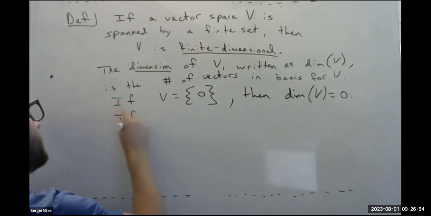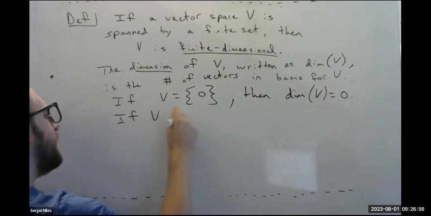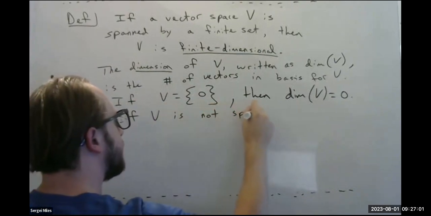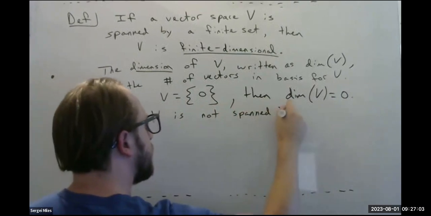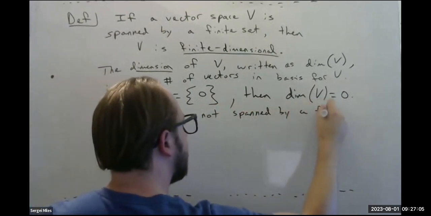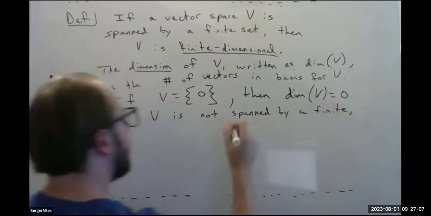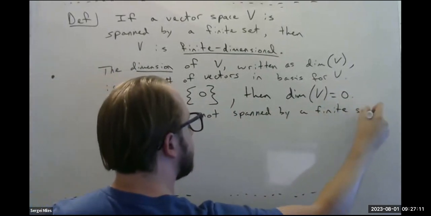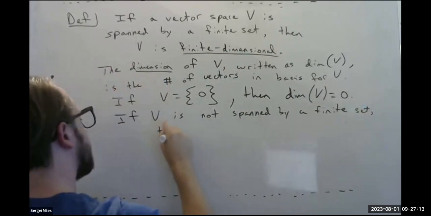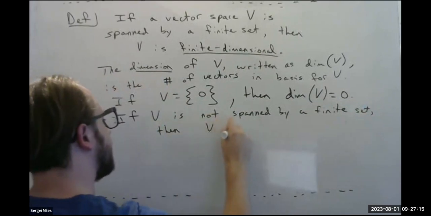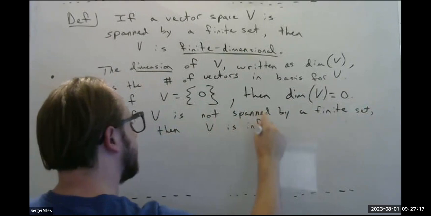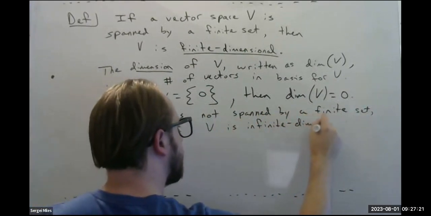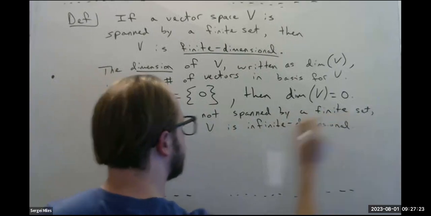Well, lastly, we can also say if V is not spanned by a finite set, then V is infinite dimensional.